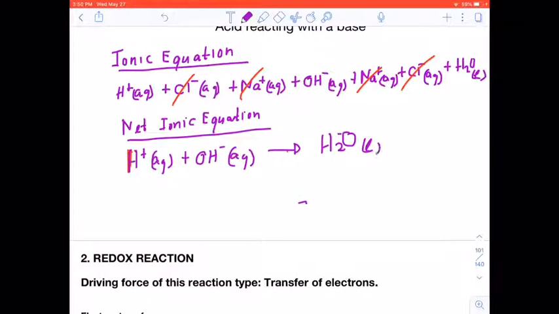As you can see, you now have your net ionic equation, which essentially says that the H of the acid and the OH of the base react to give us water. That is a net ionic equation.